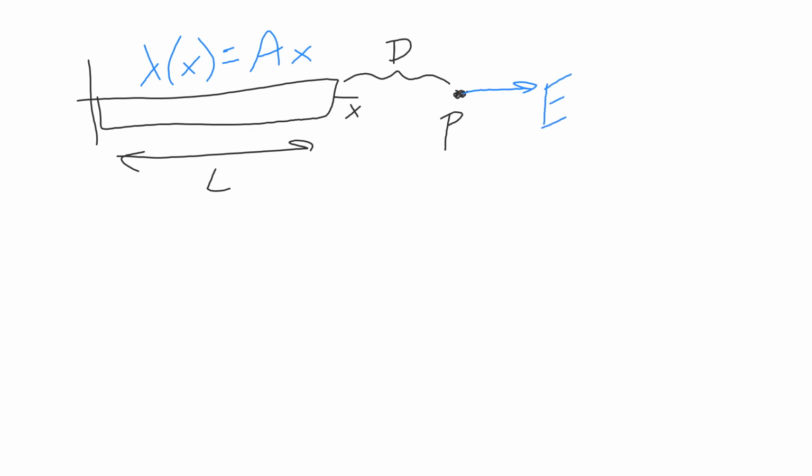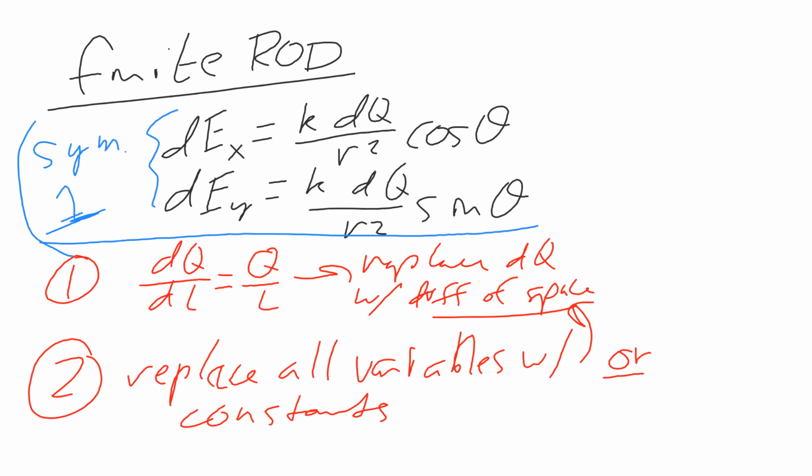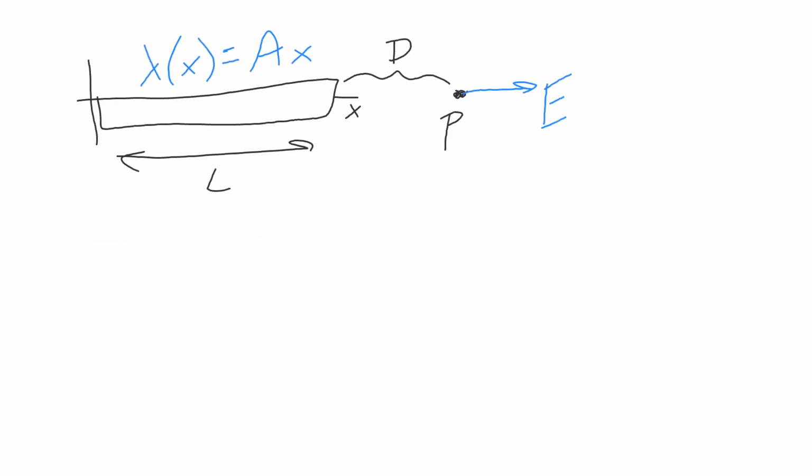Remember step 0 I said is that usually we only need to do one of our 2 integrals because usually one of them is automatically equal to 0 just by looking at the problem. Well, in this case, this electric field is pointing entirely to the right because the point P is entirely to the right of the rod. And so that lets me say right off the bat that E sub y is equal to 0.